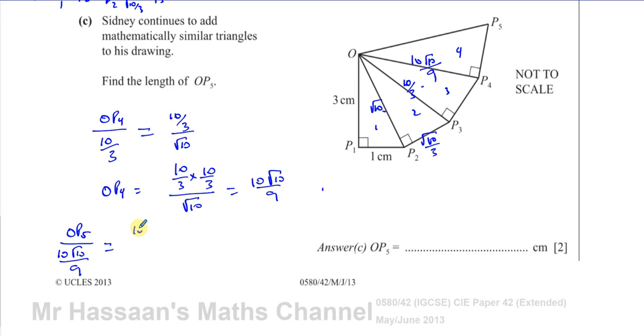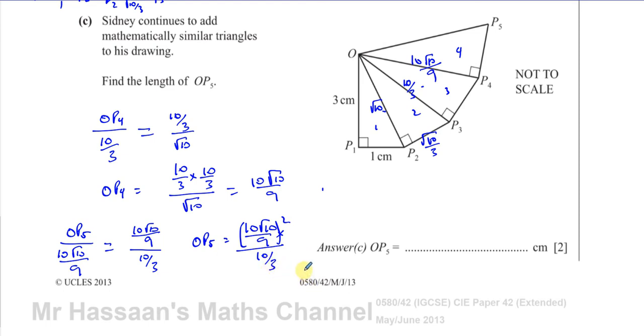That's going to give me 10 root 10 over 9 divided by 10 over 3. So we can say OP5 is going to be 10 root 10 over 9 multiplied by itself, so squared, over 10 over 3.